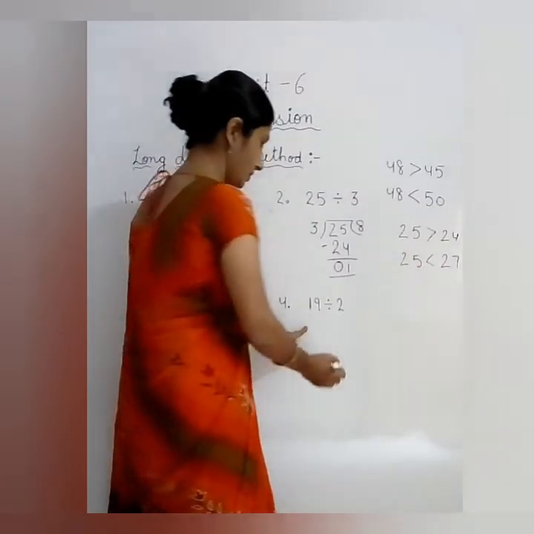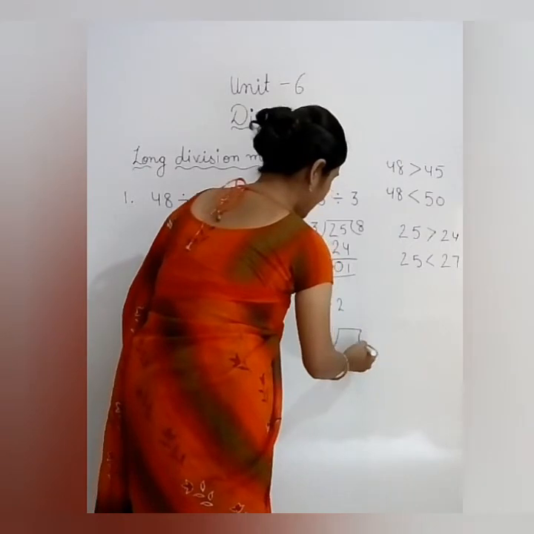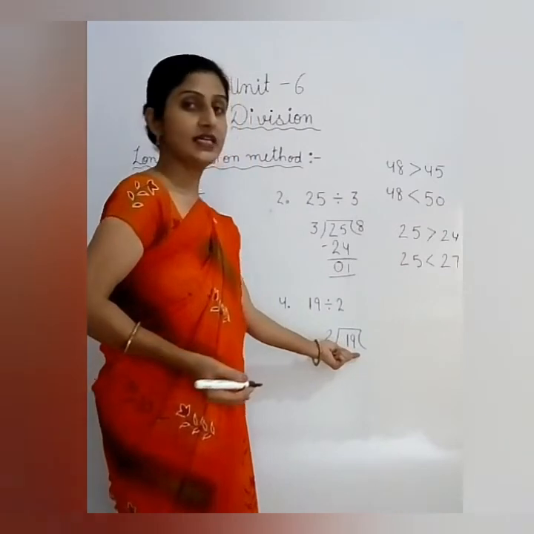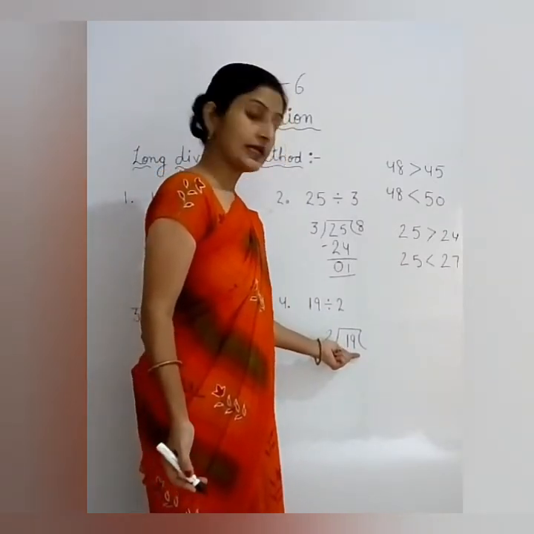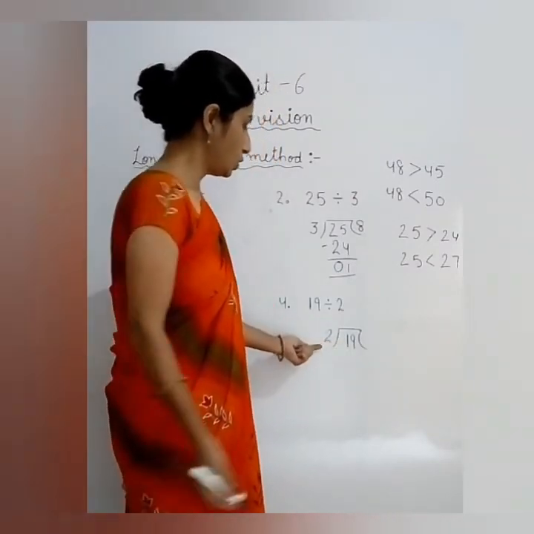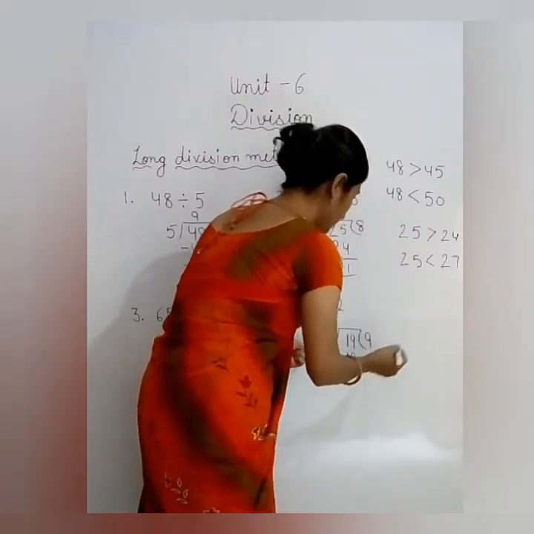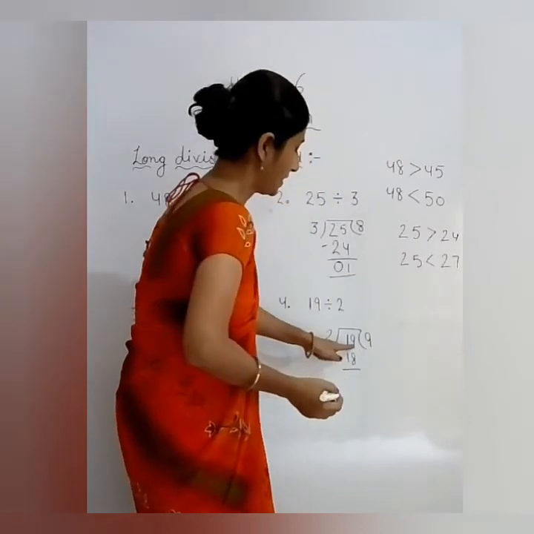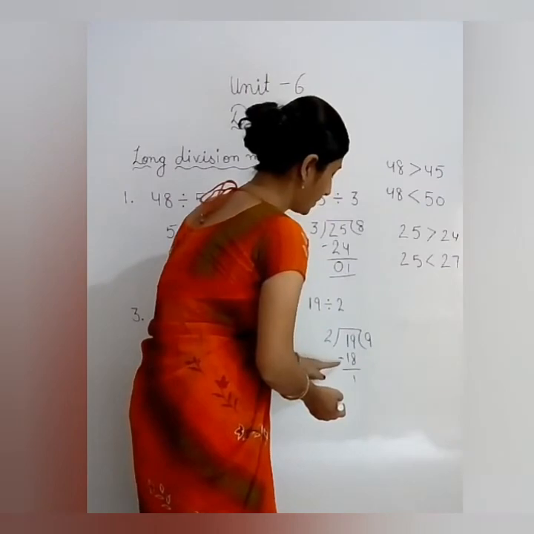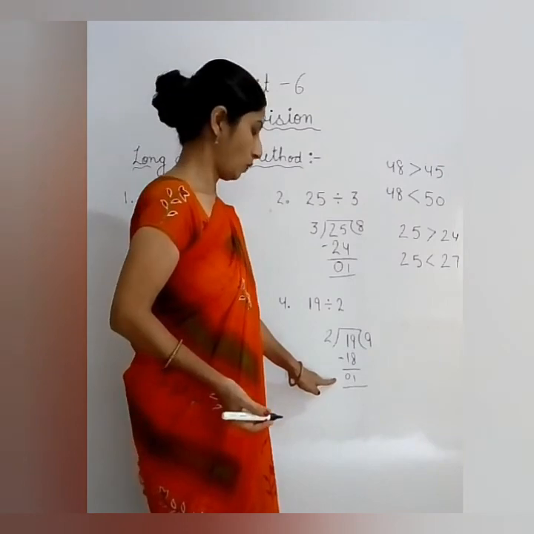See the next one. 19 divided by 2. So write here 19. Here is 2. So 19 does not come in the table of 2. So what do we do? Take a smaller number. 2 9s are 18. Sign of subtraction. 9 minus 8 is 1. 1 minus 1 is 0. Here our remainder is 1.